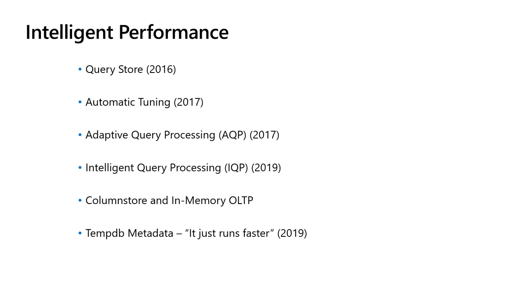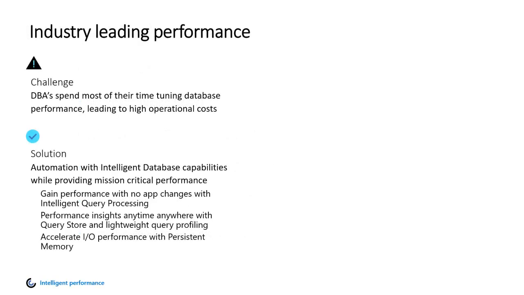Adaptive query processing in SQL Server 2017, which in 2019 was rebranded with additional functionality and called Intelligent Query Processing, IQP. All the columnstore and in-memory OLTP options that we have within SQL Server, and in SQL Server 2019, all the changes related to tempdb metadata that allow us to have better performance in certain scenarios related to tempdb objects.